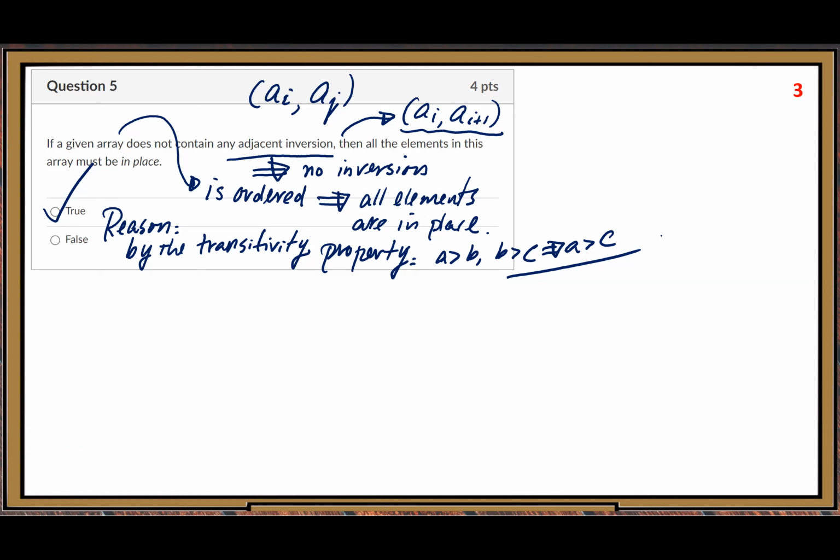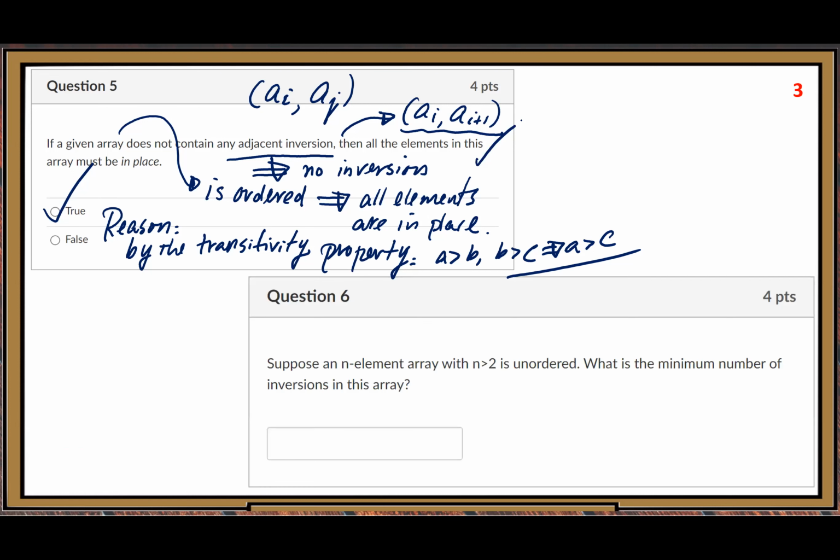That's the main reason, the transitivity property for that in-order property. That's the basic reason for this whole statement.